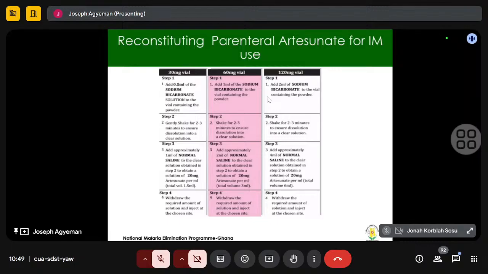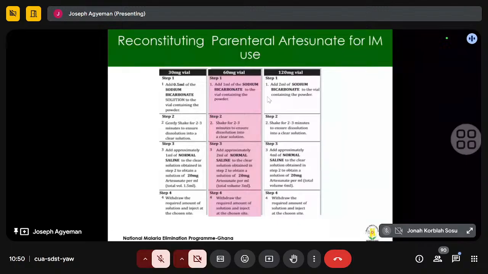If we are using the 30 milligram vial, we have 30 milligrams, which is now in 0.5 mils. So from your mass, this is mass. How much of the normal saline would you recommend that we add to the existing 0.5 ml containing 30 milligrams, so that at the end of the day, each ml of the final diluted solution will contain 20 milligrams for IM administration?